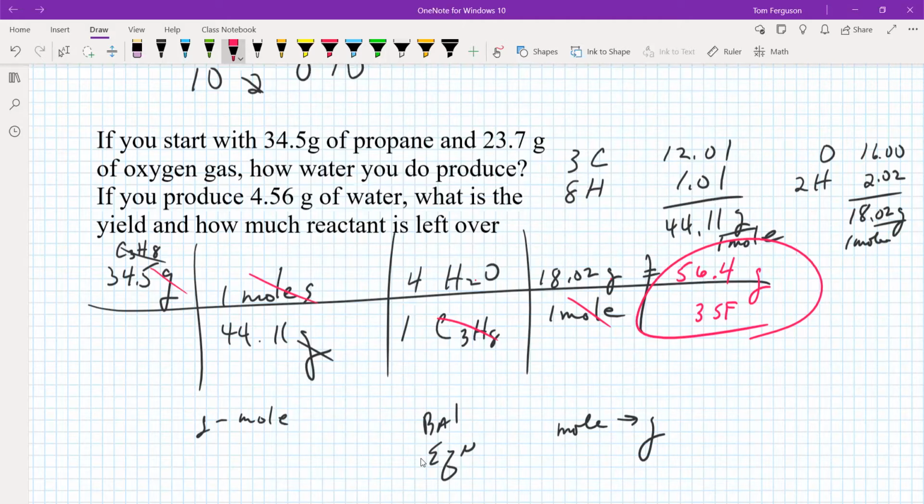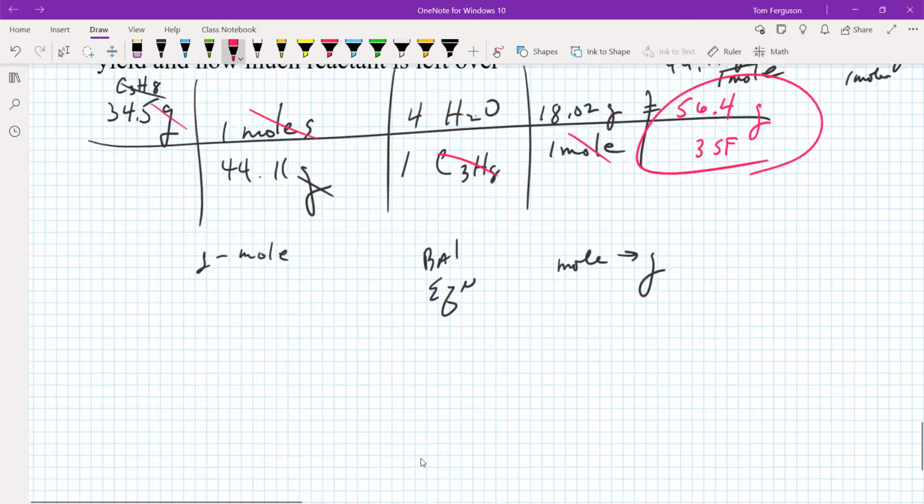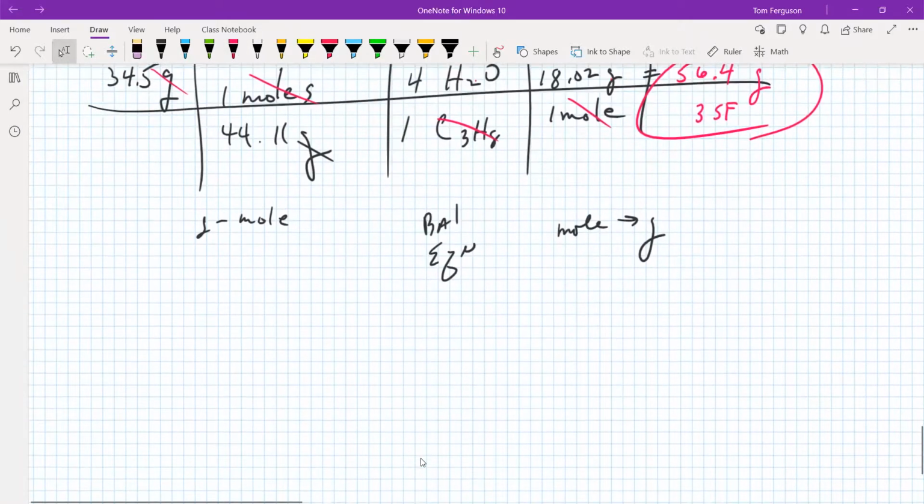Okay, now let's see what 23 grams of oxygen will give us water-wise. Okay, so it's 23.7.